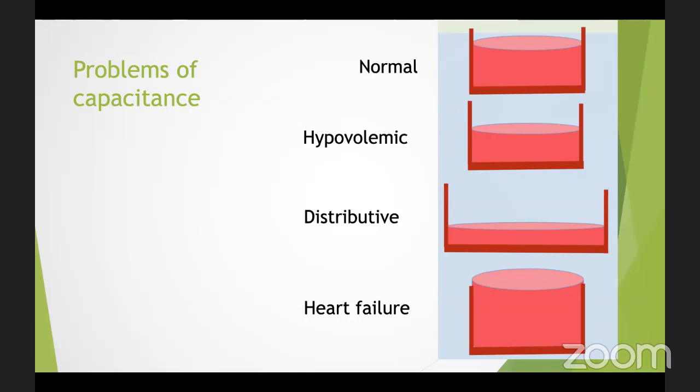If the patient has distributive shock, you will find there is vasodilatation, and they might be associated with evidence of hypovolemia. But if the patient has heart failure, you will see the tank is full and there is no vasodilatation. And sometimes they can develop vasoconstriction to compensate for the heart issue.